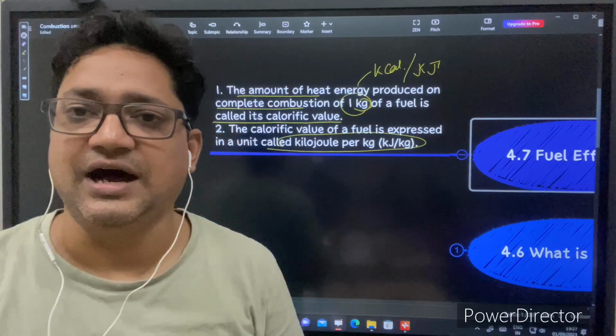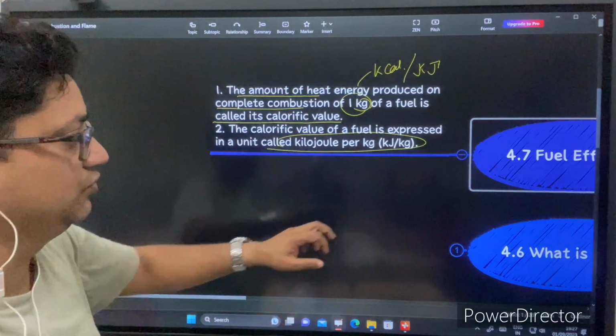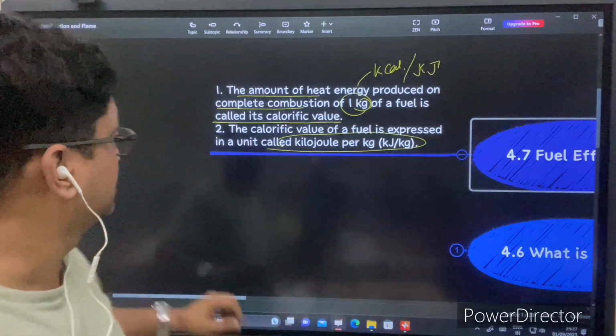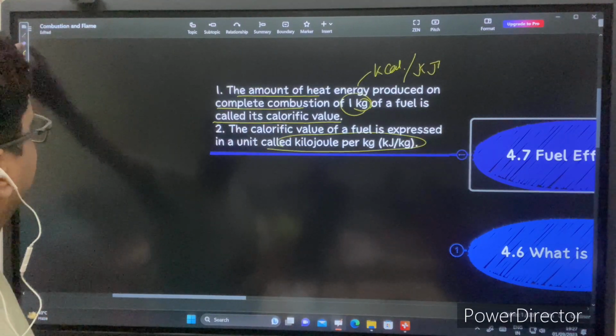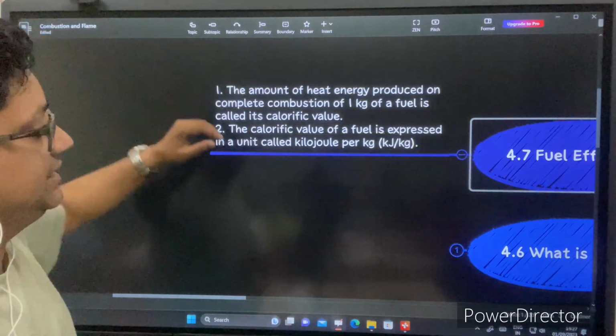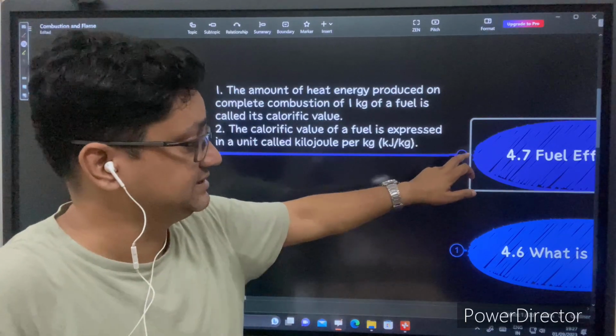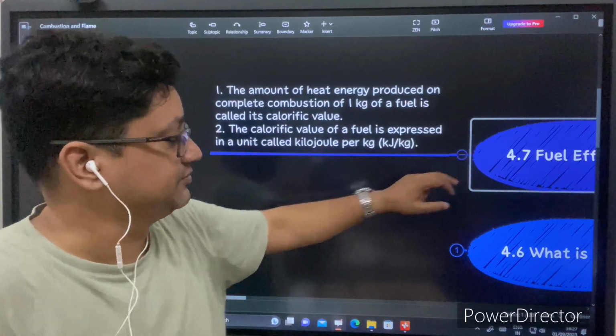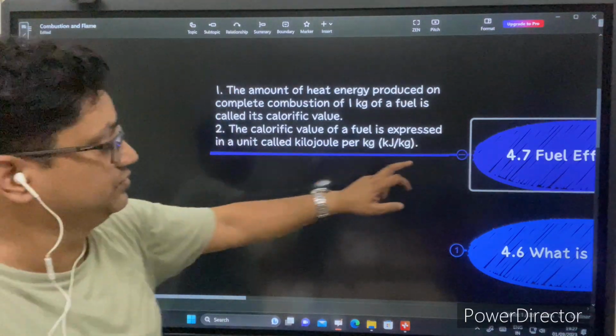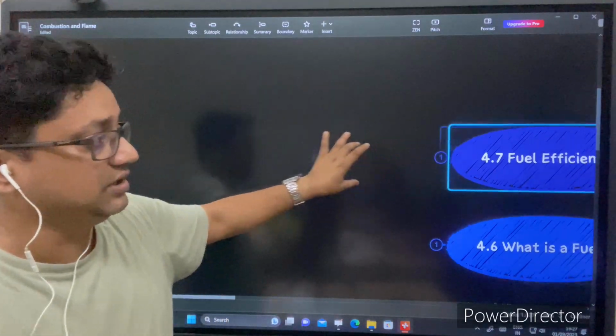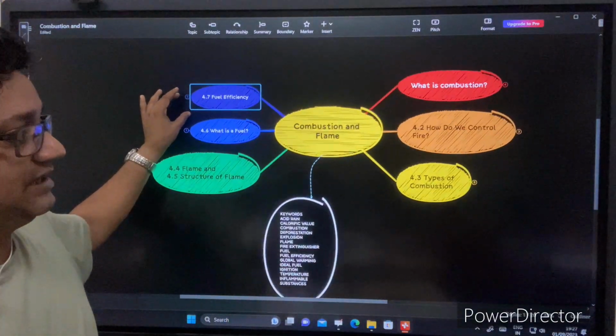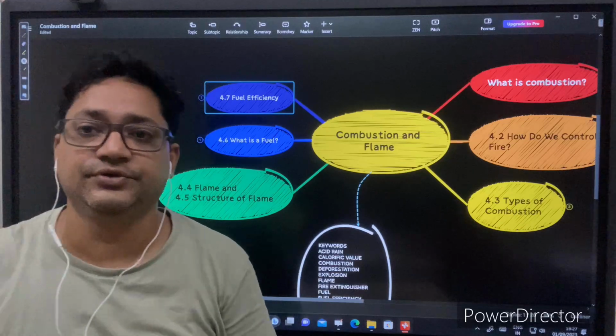So we have taken hardly 19 minutes and we are through with the chapter Combustion and Flame of grade 8. Hopefully you have understood that. If you are not able to understand any topic or subtopic, you can go to the comment section and ask what you have not understood.